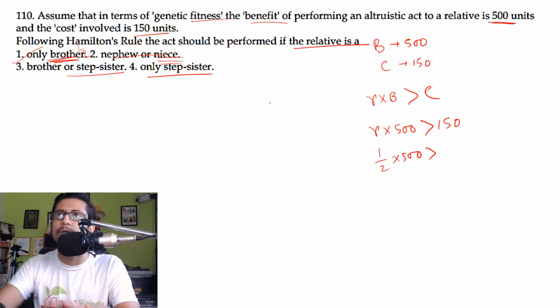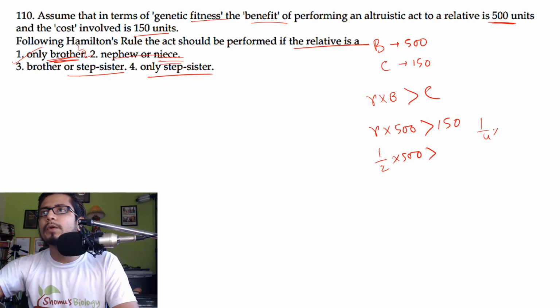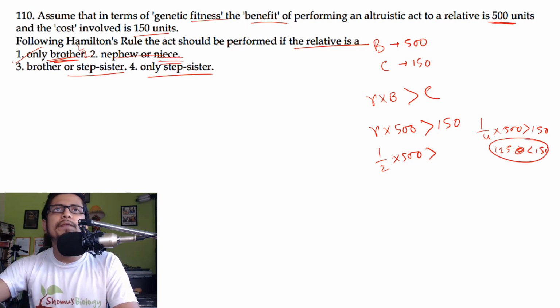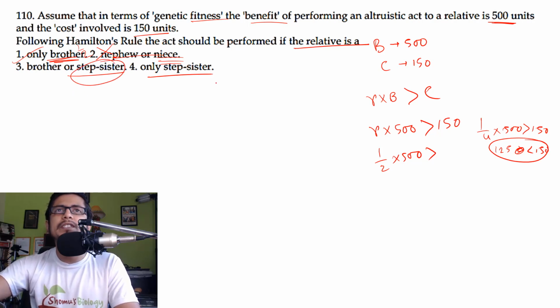So it will be 1 by 4. So if we put 1 by 4 into 500, that will be 125, which is less than 150. So a nephew or niece will not receive any help. A stepsister means it's not 50% similarity, it's 1/4 similarity, no chance of receiving any help.